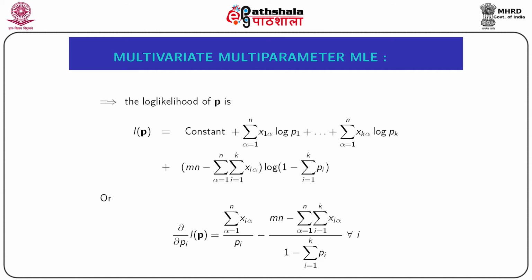Now, the first order partial derivative of the log likelihood function of p curl with respect to pi is equal to summation alpha from 1 to n xi alpha divided by pi, minus mn minus double summation of xi alpha divided by 1 minus summation pi, and this holds for all i.